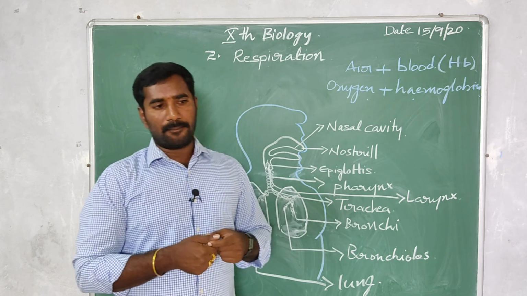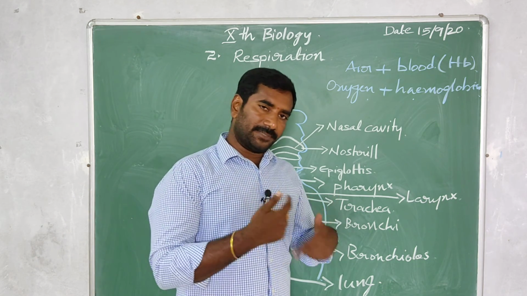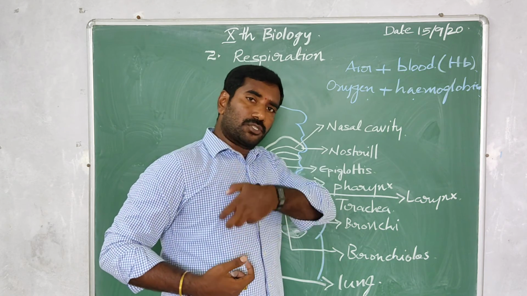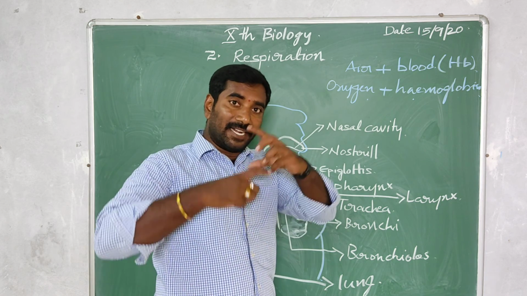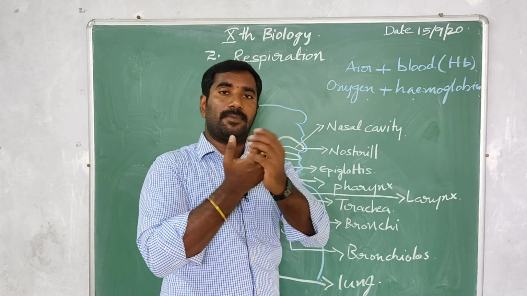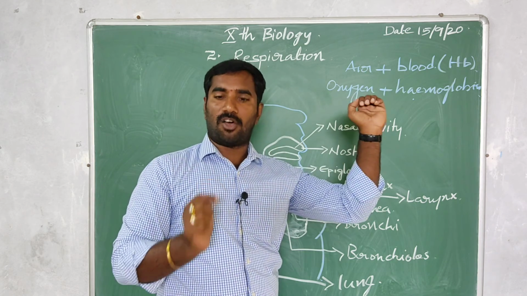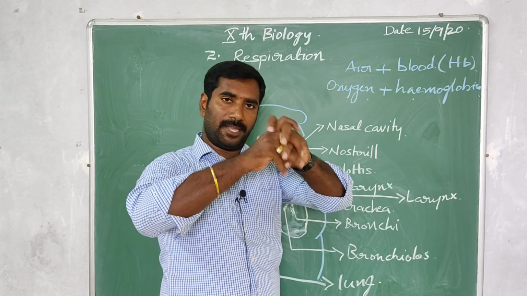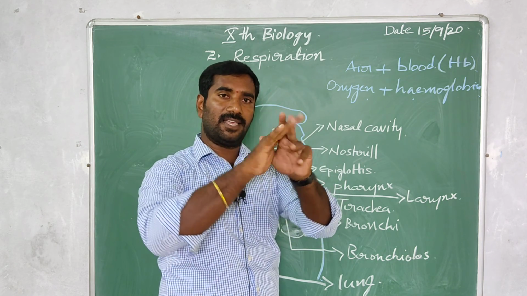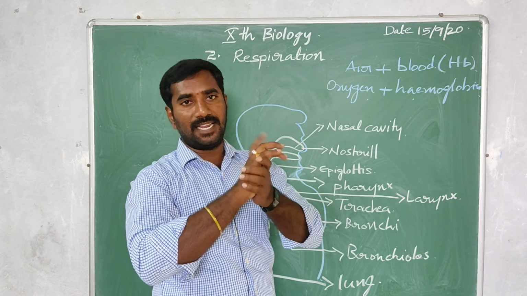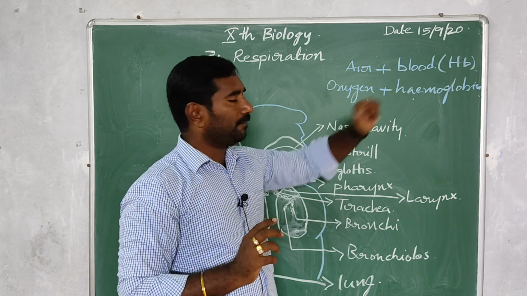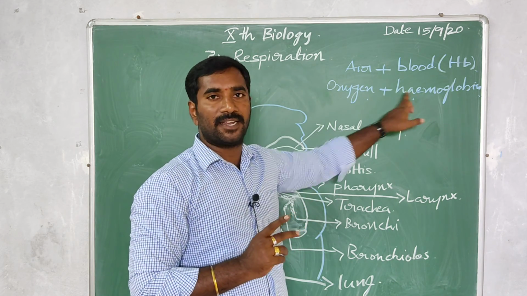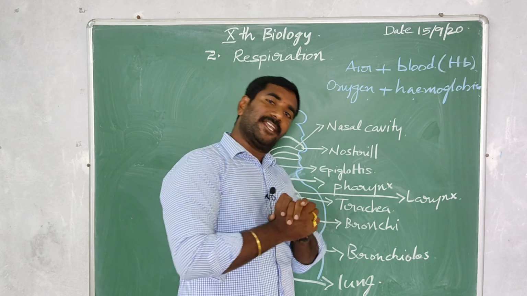When the blood comes to the lungs, the oxygen and the blood are mixed. These two get mixed in the lungs. Then it becomes oxyhemoglobin: oxygen plus hemoglobin becomes oxyhemoglobin.